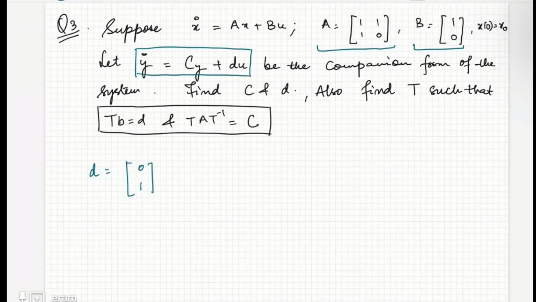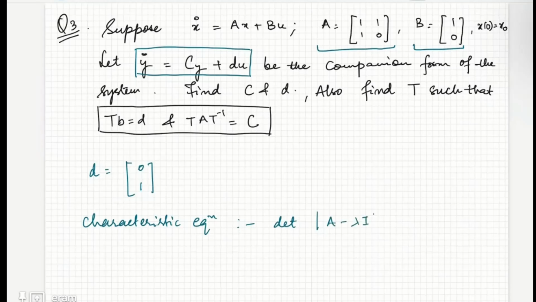So let's solve for the characteristic equation, which is nothing but the determinant of A minus lambda I equals 0.